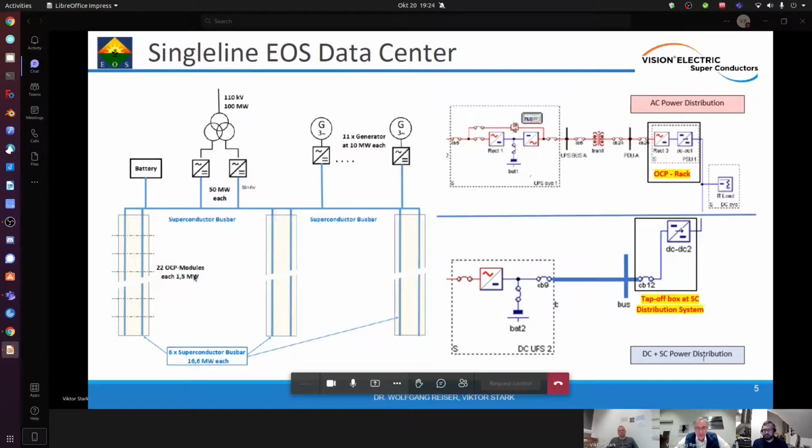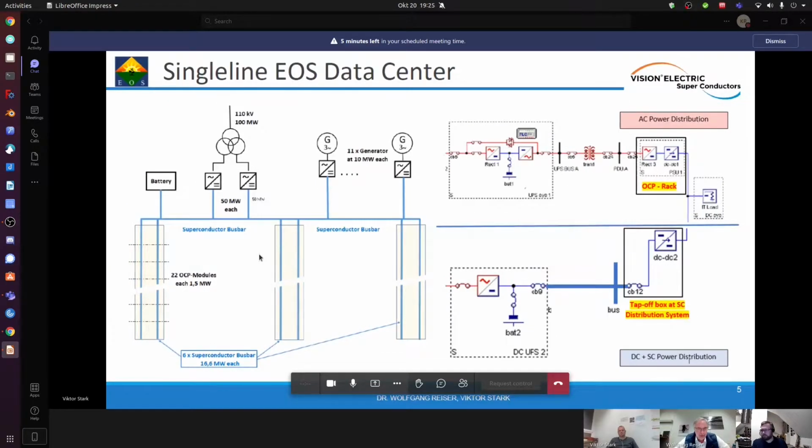And to supply those 1,500 kilowatt to each of these OCP modules is very easy. We start from a horizontal busbar on top, which is fed by a lot of different power sources. One part is missing, and that is maybe on top of the roof of this data center: you can also install solar panels, and they can be very easily connected.